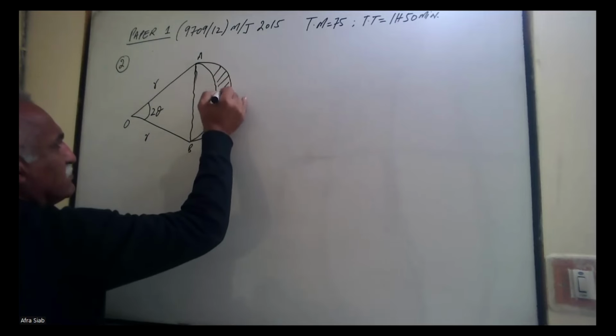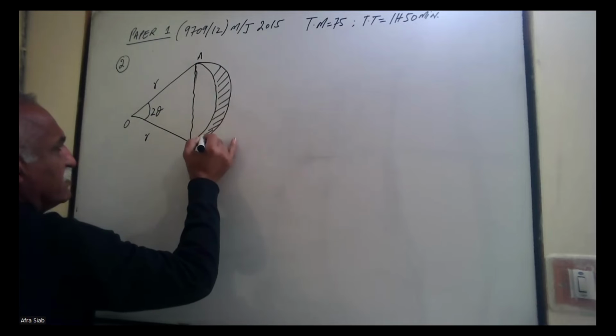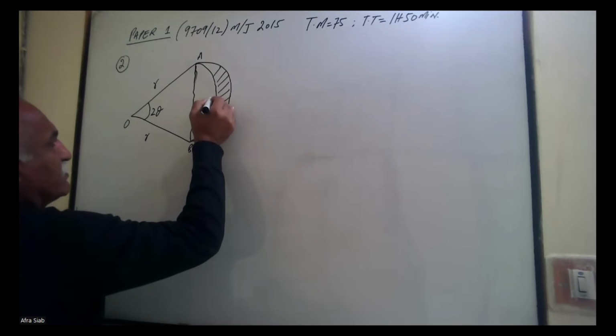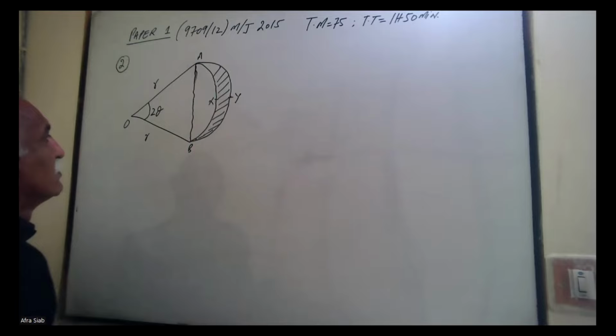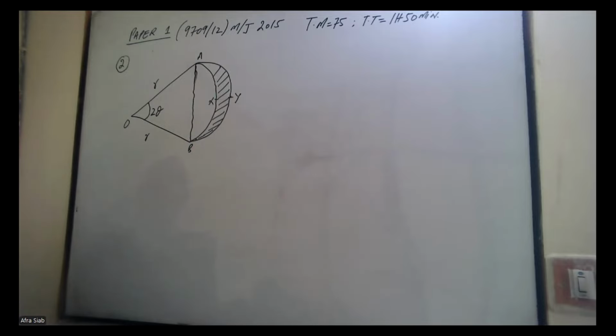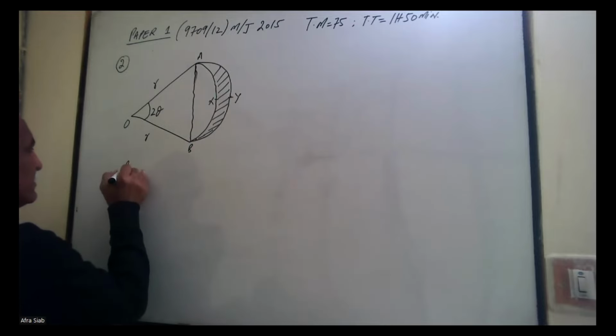And this is the shaded region in that figure, where this point is X and this point is Y. And you are going to find out the area of the shaded region.